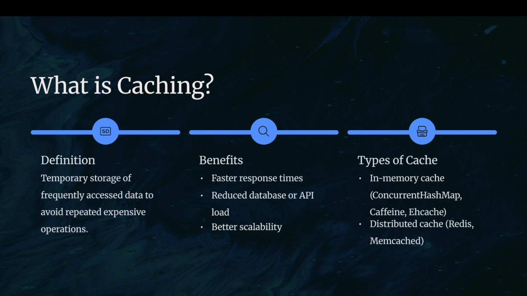You will have a faster response time, it will reduce the database or API load, and you will have better scalability. If you talk about types of cache, you have in-memory cache and distributed cache. In-memory caches are like ConcurrentHashMap and EhCache, and distributed caches are like Redis or Memcached.